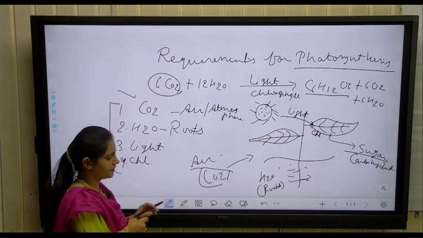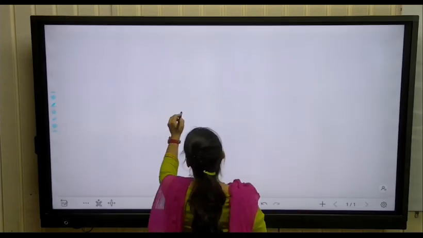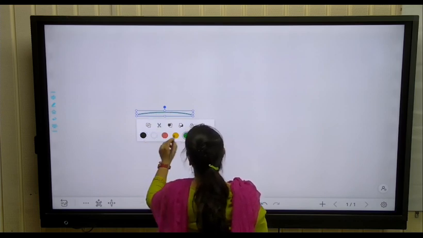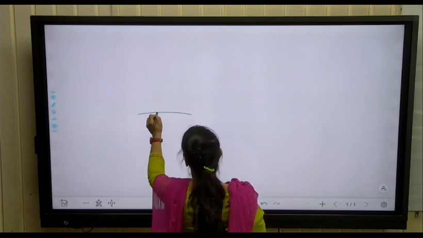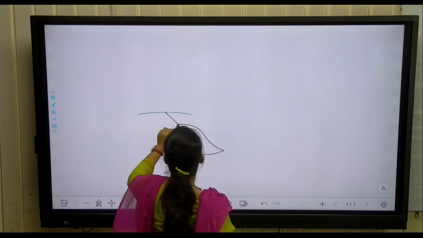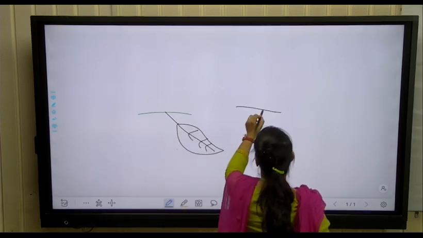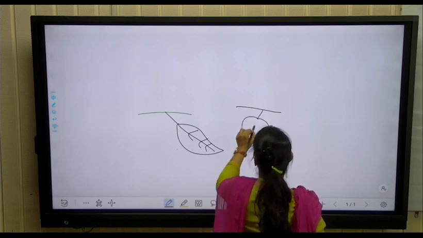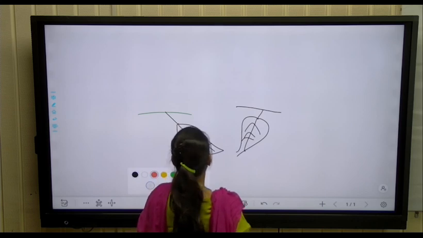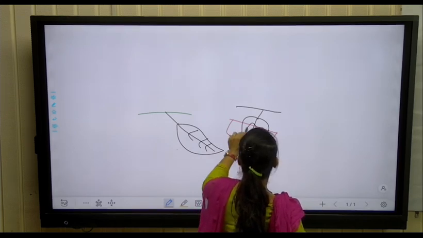So, to test the presence of chlorophyll, there is an experiment, a leaf experiment, which we can say, like there is a leaf, so if we cover half part of the leaf with a paper.